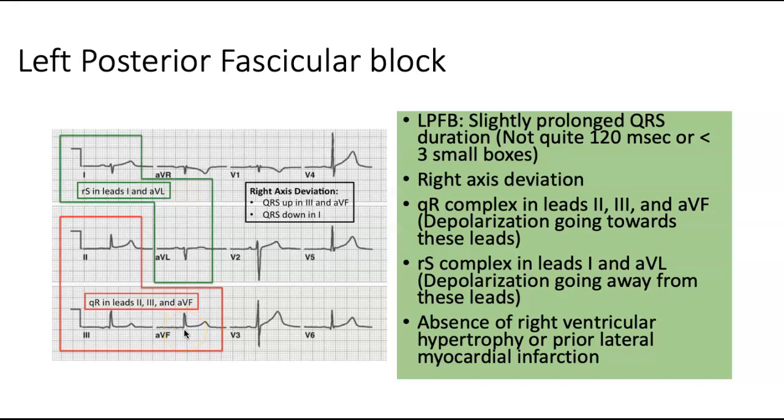We see a QR complex in the inferior leads. So there's a very small downward deflection here with an R wave in 3, Q and an R in AVF. Very small downward deflection, so a little Q and an R wave. In leads 1 and AVL, we see an RS.